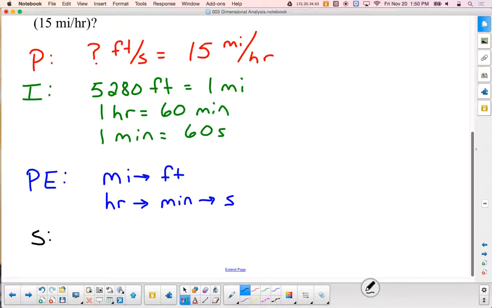The real key to success here is how you write the 15 miles per hour. 15 miles per hour means 15 miles over 1 hour. And writing it stacked up like that will make your life a lot simpler.